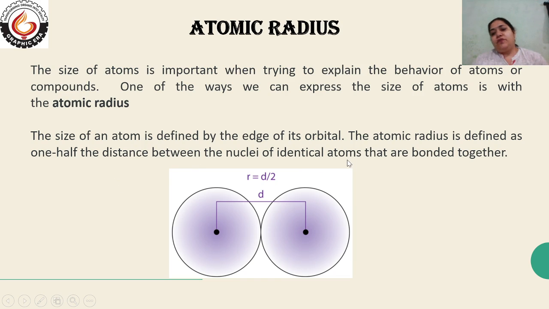Like if I'm talking about the radius of oxygen, in an O2 molecule, we take the distance between the two oxygen nuclei and divide that distance by 2. This will give the atomic radius for oxygen.